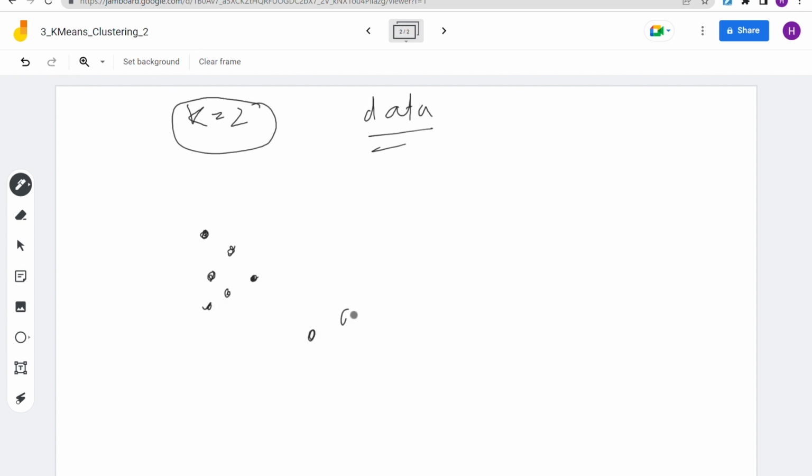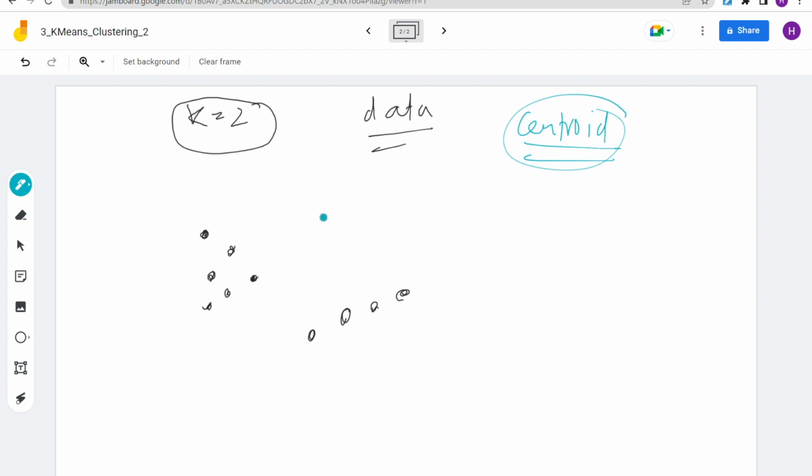Now the first step in k-means clustering is to define what's called a centroid. Centroid, you might have learned in mathematics, is the center point of anything. Like for example, you have a triangle, you have a centroid. For any other figure, like any polygon, you have a centroid. A centroid is basically something in the center.